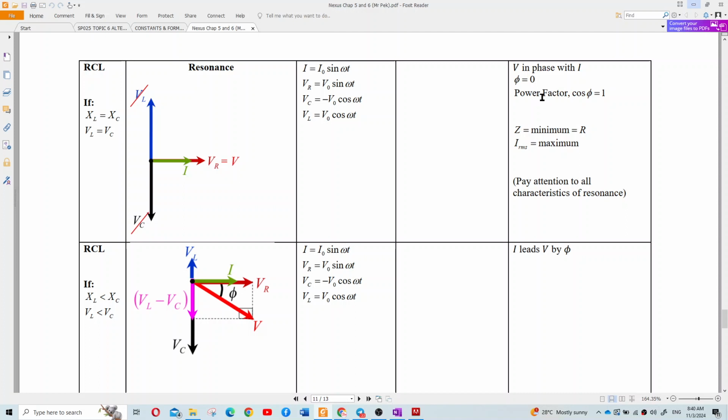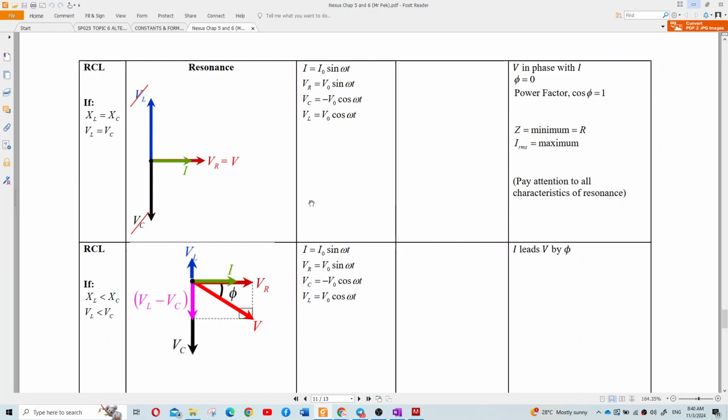Okay, power factor I will teach later. Power factor is cos phi. Cos phi means if phi is zero, cos 0 is 1, right? Cos 0 is 1. So in resonance the power factor is 1. Z, the impedance, is also minimum. Z is the total resistance.